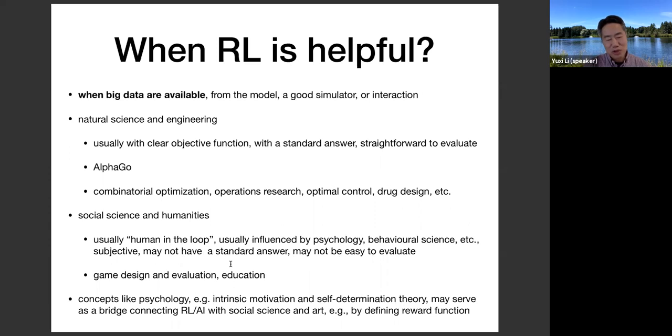But I think the good news is that concepts from psychology, like what we mentioned, intrinsic motivation, self-determination theory and flow, may help serve as a bridge between RL and AI with those social science and humanities, by defining the reward function. If we have a reward function, we have state, we have action, then we can define the reinforcement learning problem, and then we can find some reinforcement learning algorithm to solve it.